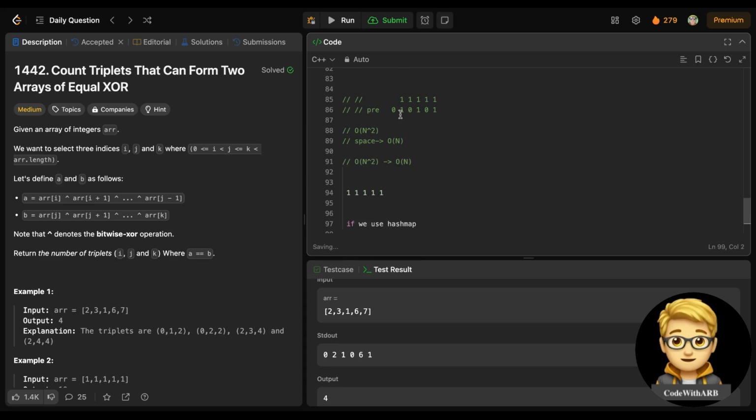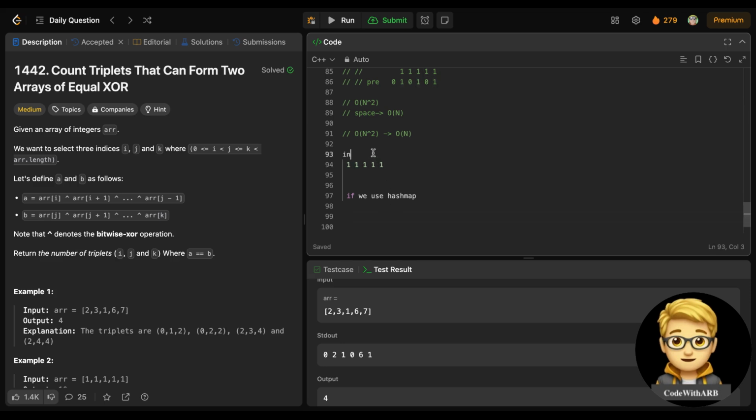instead of using a second for loop and the prefix array, what we will do is take only the help of a variable and start taking XOR sequentially, right?